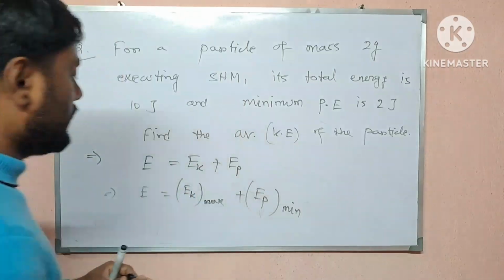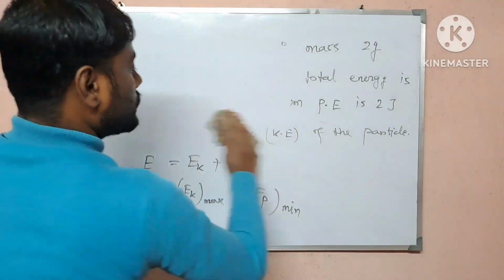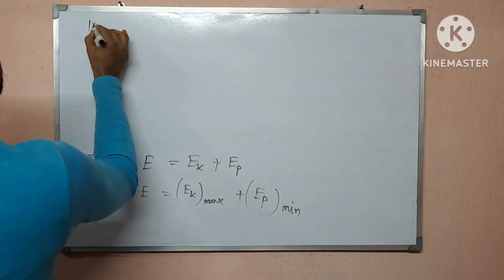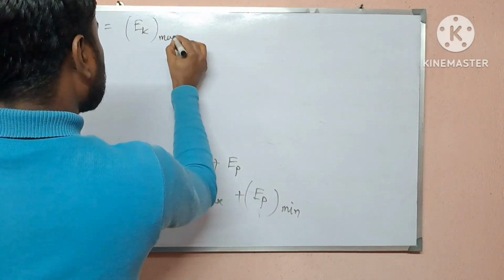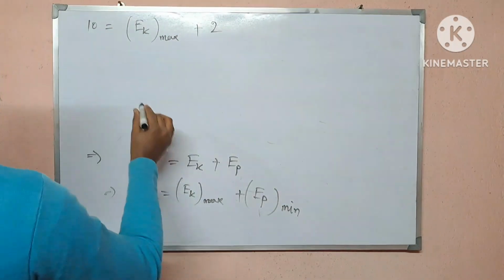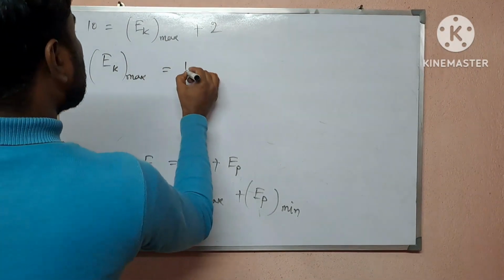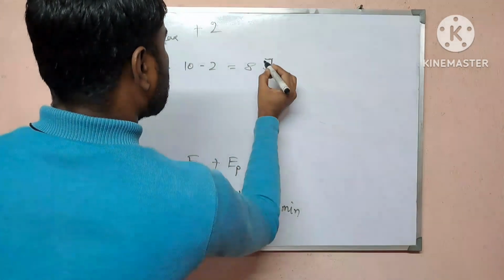So in the question, if you use this data, then we get 10 equal to Ek max plus 2, that is the minimum potential energy. So the maximum kinetic energy is 10 minus 2, that is 8 joule.